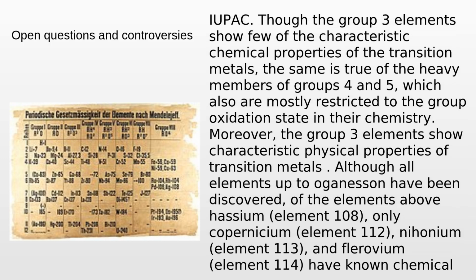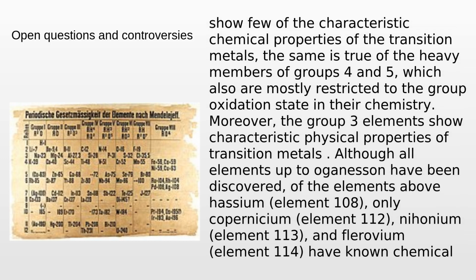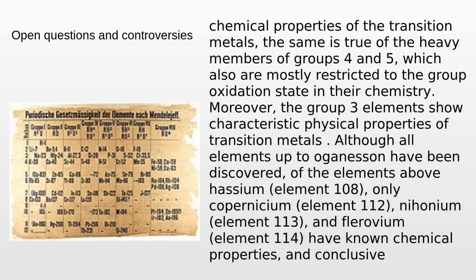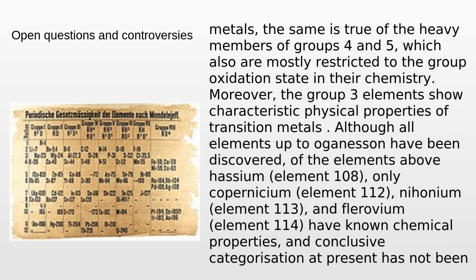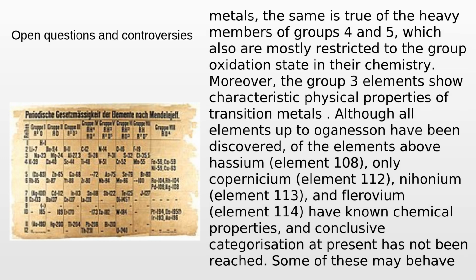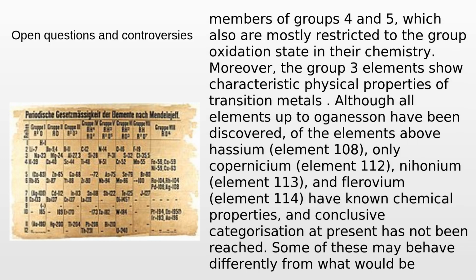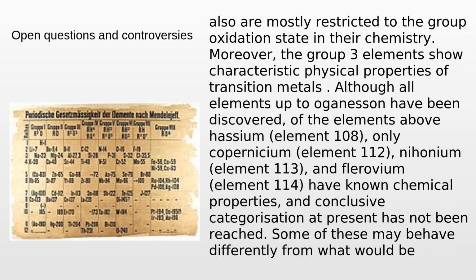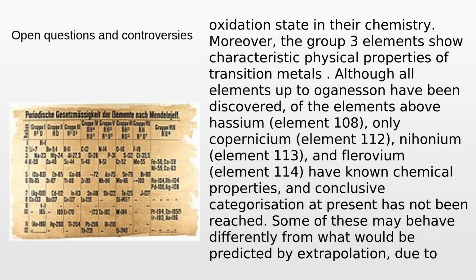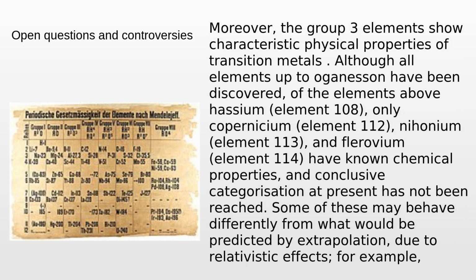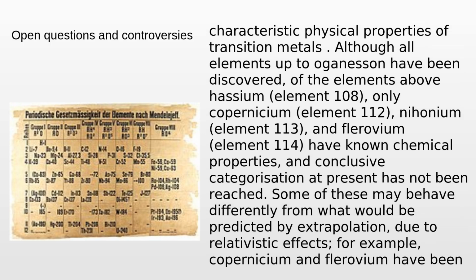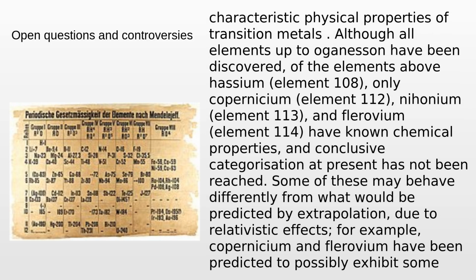Though the group 3 elements show few of the characteristic chemical properties of the transition metals, the same is true of the heavy members of groups 4 and 5, which also are mostly restricted to the group oxidation state in their chemistry. Moreover, the group 3 elements show characteristic physical properties of transition metals.